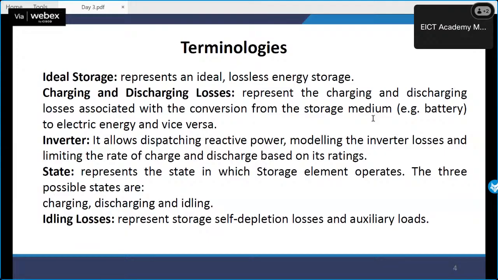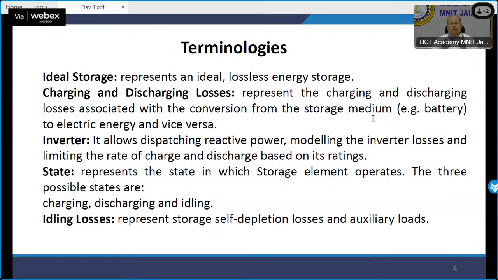Our storage is not ideal. Efficiency is as low as 60 to 70% and as high as 85 to 90%. Now there is one more item known as charging and discharging losses. Charging and discharging losses represent the losses associated with the conversion from the storage medium, for example a battery, to electric energy and vice versa.